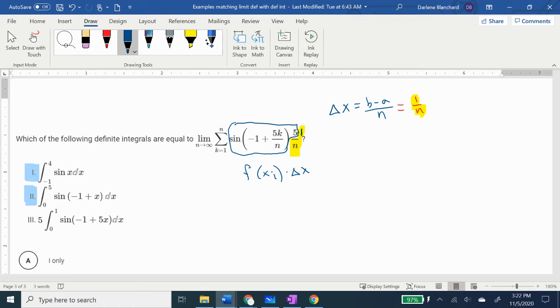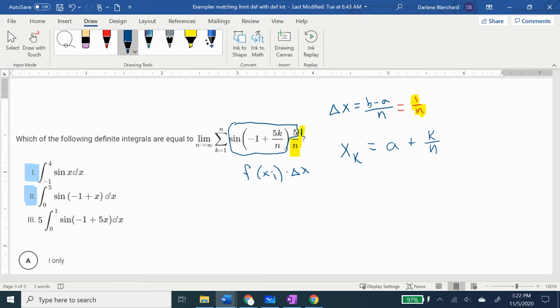So now when I get started on x sub I, I have to choose an a. The formula for x sub I is a plus delta x times I, although we're using k. If my delta x is 1 over n, then that means that my x sub k is equal to a plus 1 over n times k, or k over n.